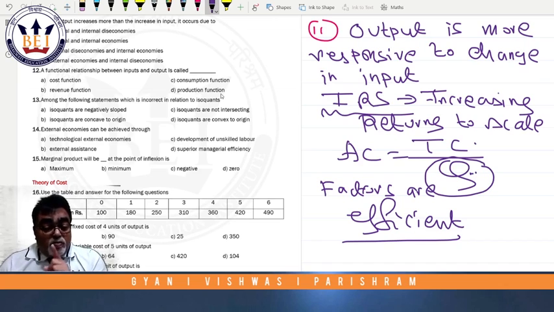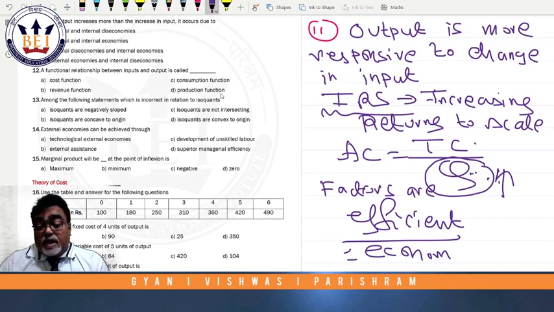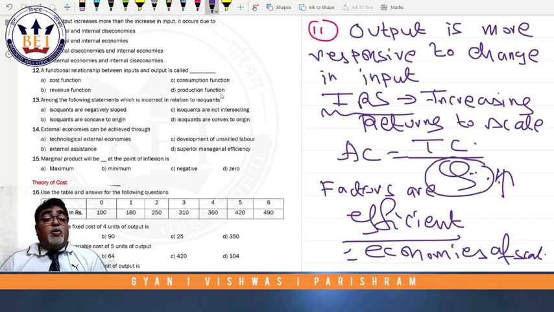When output is more responsive, it means quantity is increasing more than total cost, which means factors are efficient. But when factors are efficient, another terminology called economies of scale. Economies of scale means everything is good for the firm. Either it may be internal economies or it may be external economies.